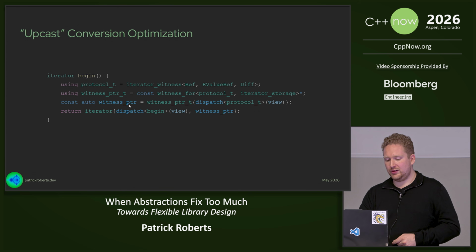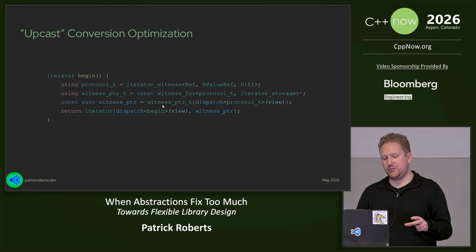So when we get this dispatch on the protocol T, what we're doing is we're actually obtaining a pointer to a witness table for input iterators. But within the context of this specialization, we know that that's actually a decayed base class of a more derived witness table. And so we actually downcast it to the witness table that implements the actual set of capabilities.